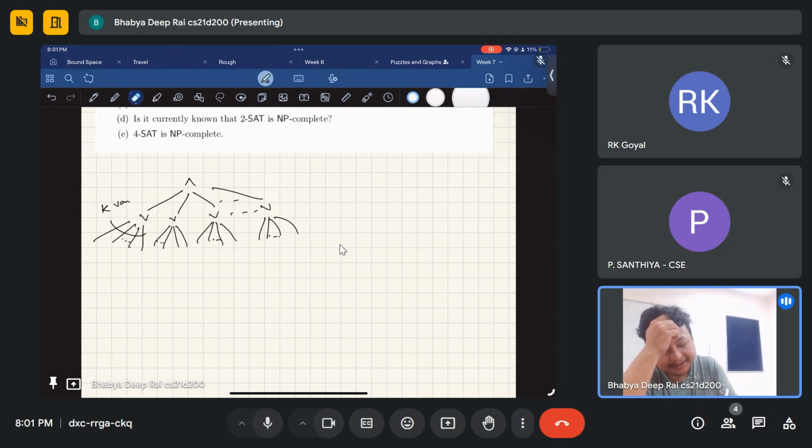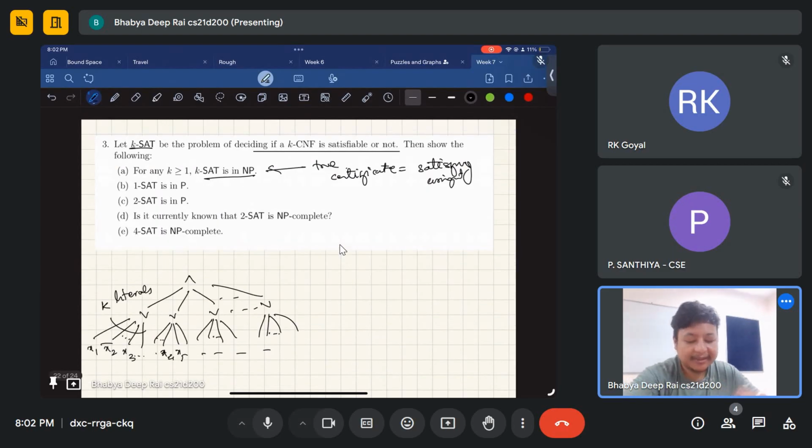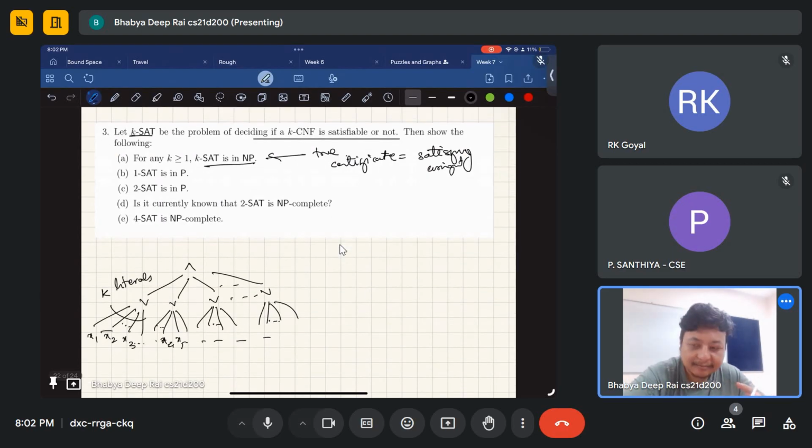Actually these are called literals. So this is like x1, x2 bar, x3, x4, x5 and so on. So this is a K CNF. Is it in NP? Yes, it is in NP, because if you give me the satisfying assignment, I can easily verify it.